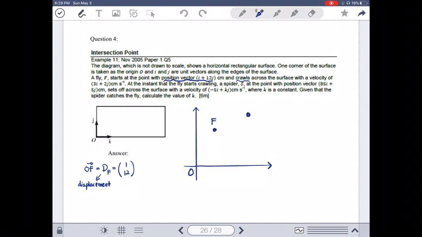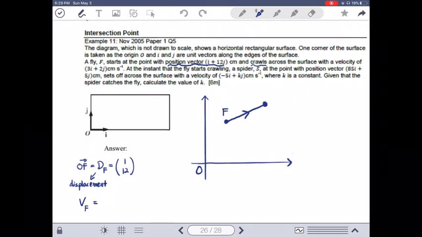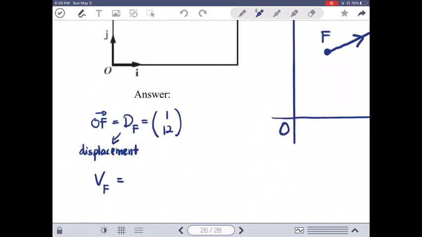So this is how it crawls. The second piece of information we have is the velocity of the fly. It's not displacement, this is velocity. So that should be 3, 2. So this is the displacement vector, this is the velocity vector.